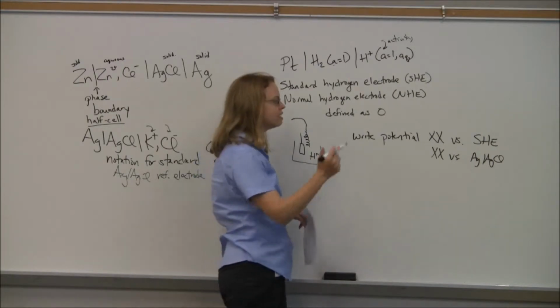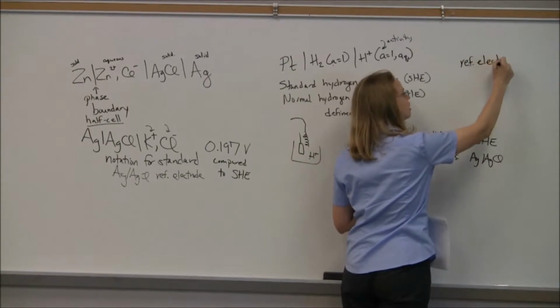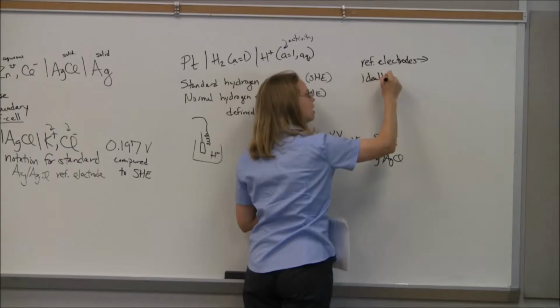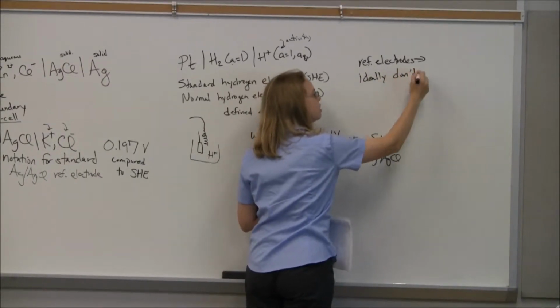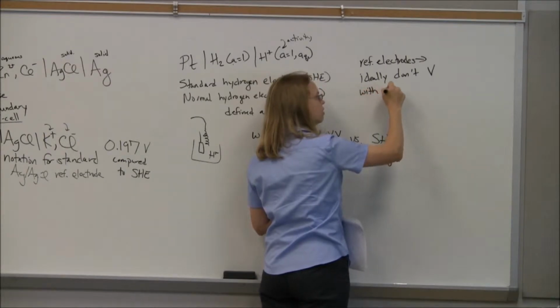So the ideal reference electrodes, then, ideally don't change voltage with current running through them.